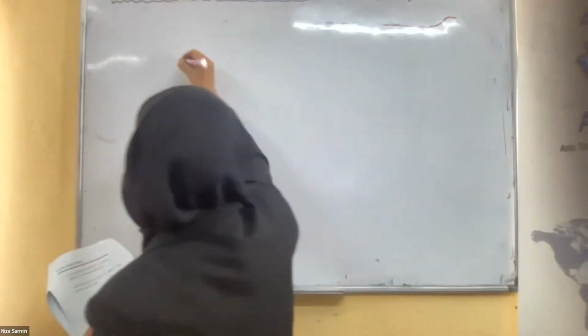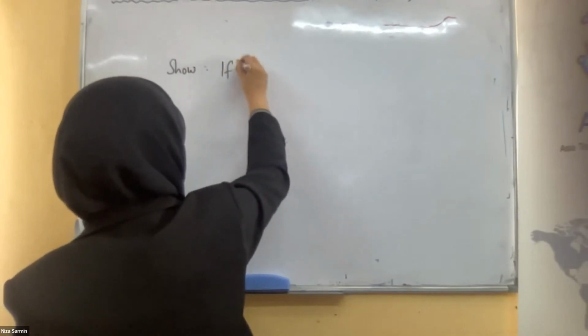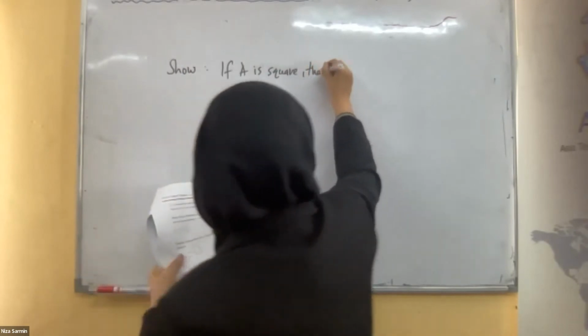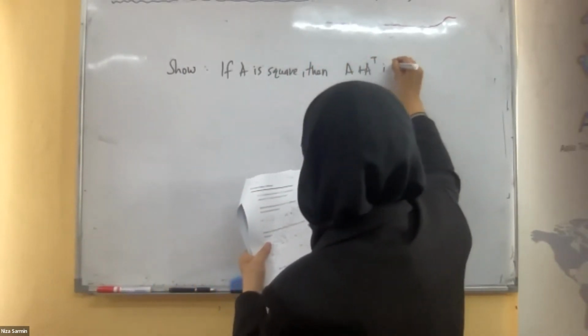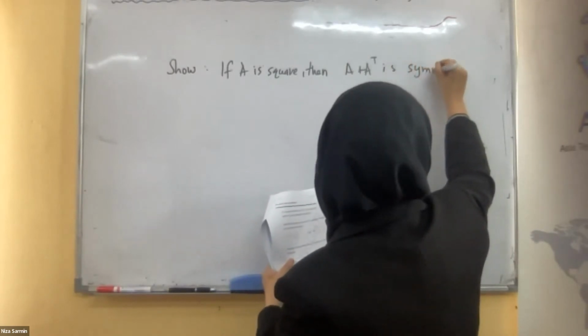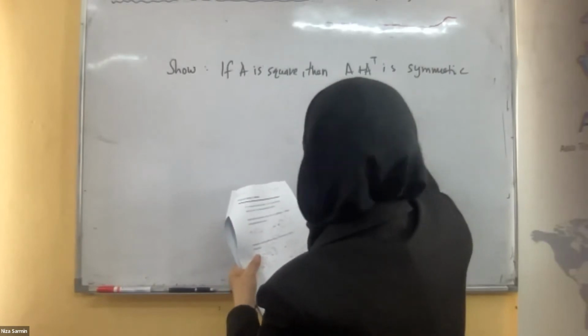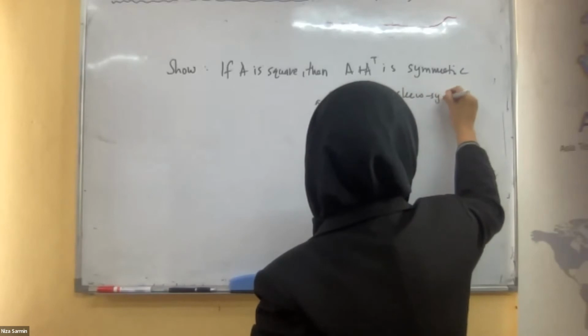This one I already show when we, this is a little bit different than show if A is square, then A plus A transpose is symmetric and A minus A transpose is skew symmetric.